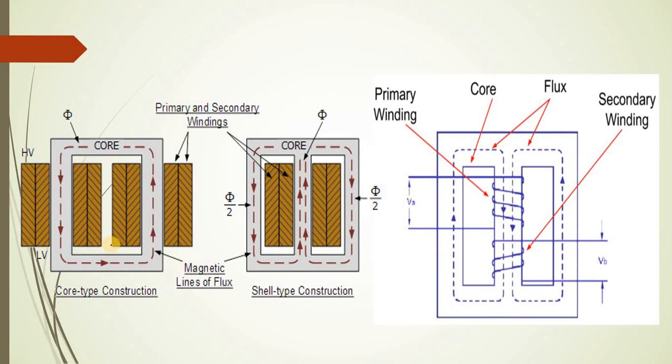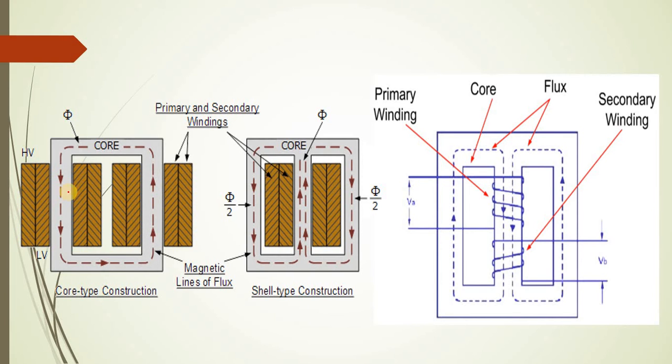Where the winding is placed in the case of the core type and shell type transformer, we will see here. So this is the core, shown here. Near to this core the LV winding is there, and away from this core the next winding is the HV winding. Near to the core the LV winding is placed to reduce the insulation requirement, and also the conductor length requirement on this is less.